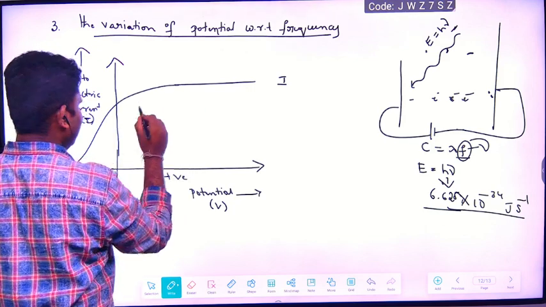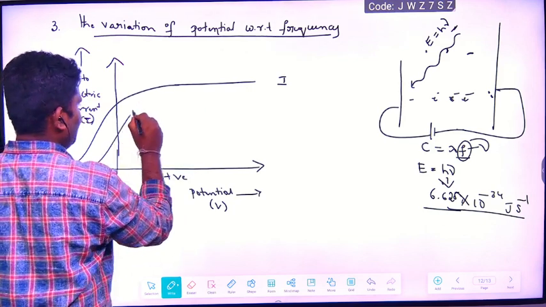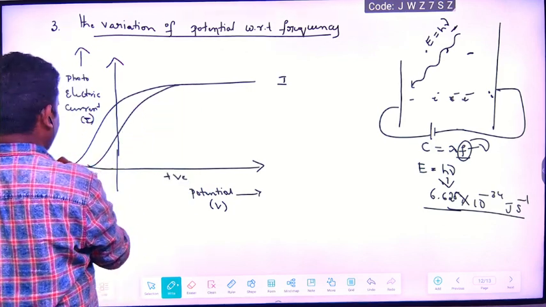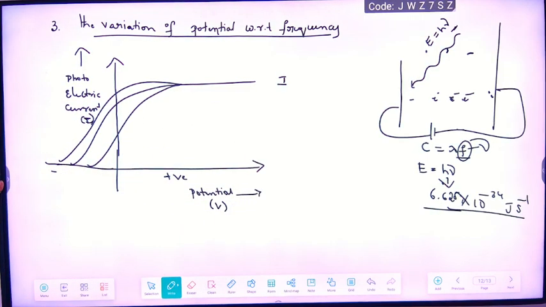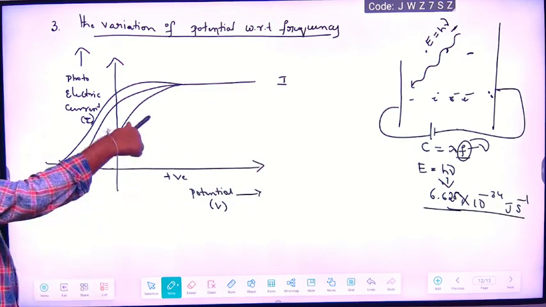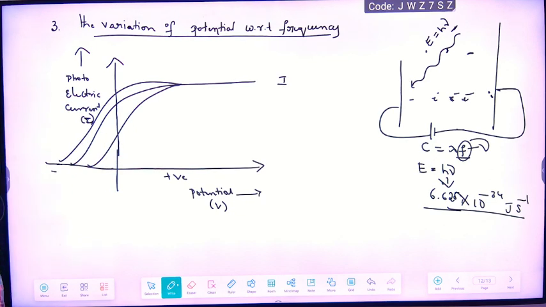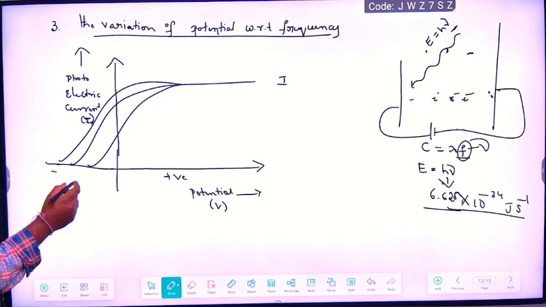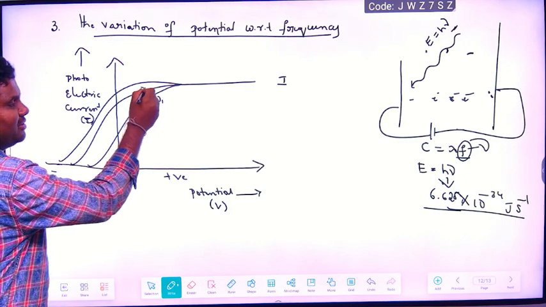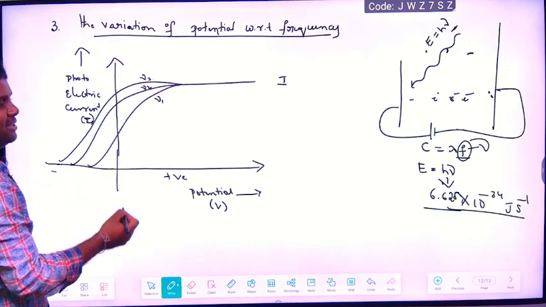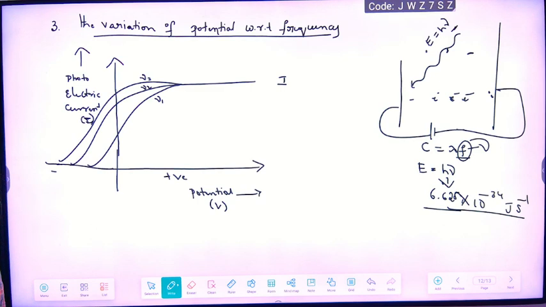Now you see what happens. Intensity is same, photocurrent is same, but frequencies are different. This frequency is mu1, this frequency is mu2, this frequency is mu3. That means the energy of the light rays is different.